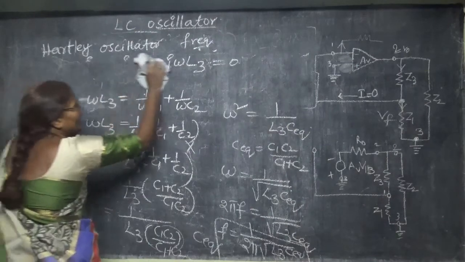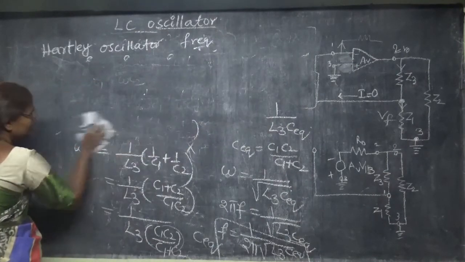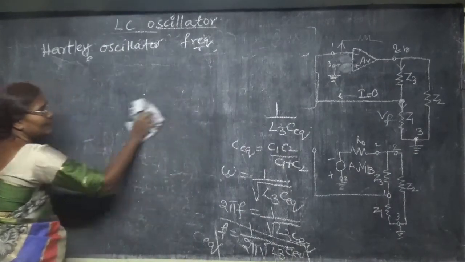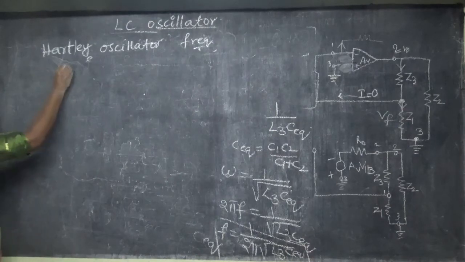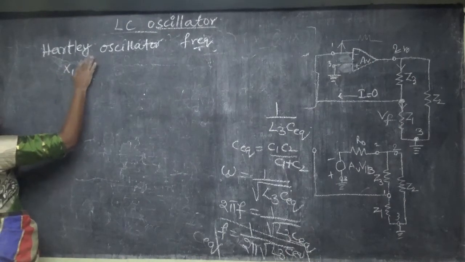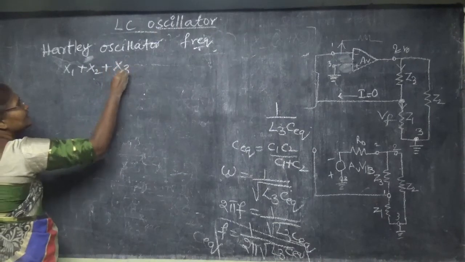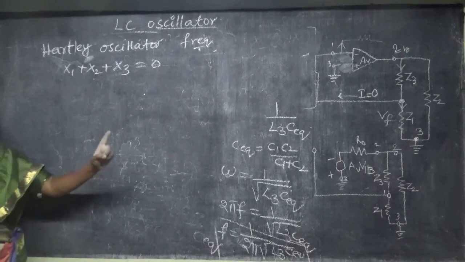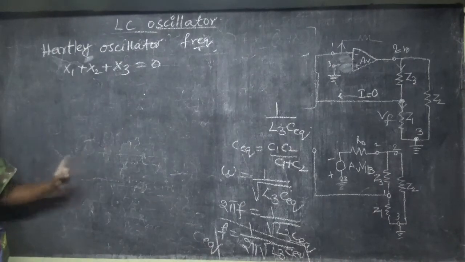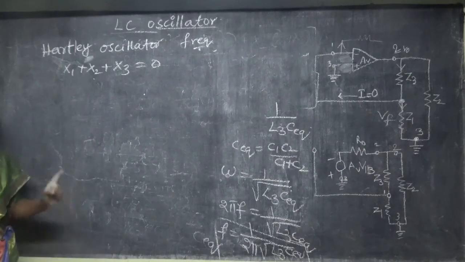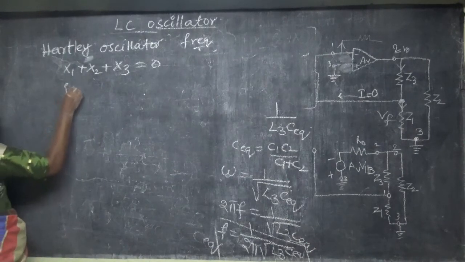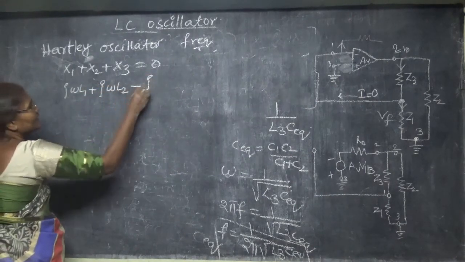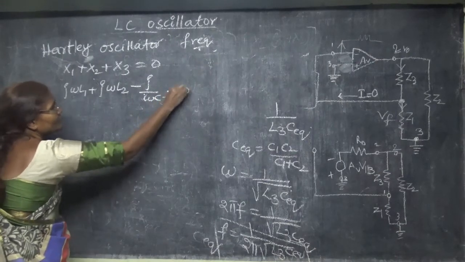For this also I have to use the equation X1 plus X2 plus X3 is equal to 0. Now what we have learned for Colpitt's oscillator, Z1, Z2 are capacitors. So for Hartley oscillator, Z1, Z2 should be inductors. So j omega L1 plus j omega L2 minus j by omega C3 is equal to 0.